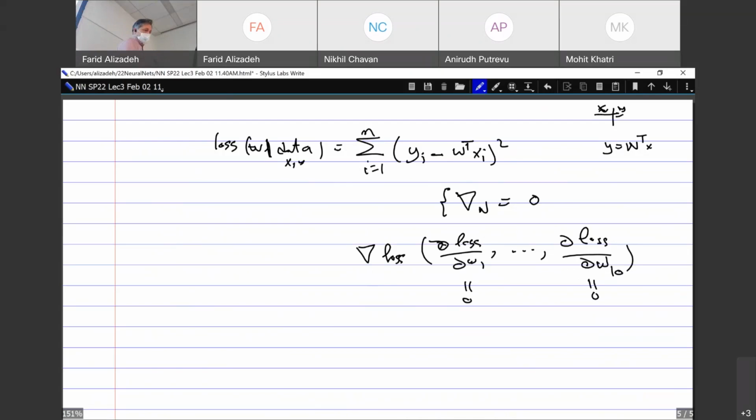Now, in linear regression, we are very lucky. In general this is a nonlinear system of equations, a mess. But in the special case of linear regression, we are lucky, because this is a quadratic function of squares. When you take its derivative, you get a linear function.